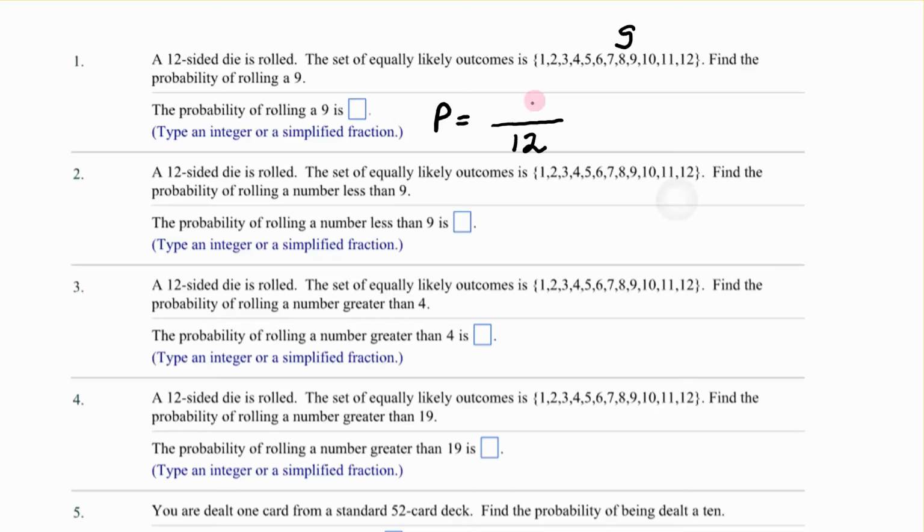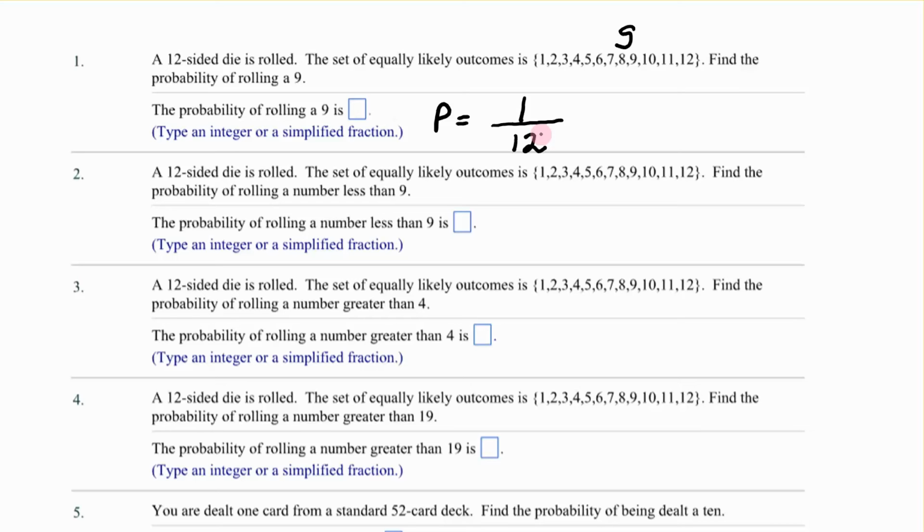Well, there's only one, rolling a 9. The probability in fractional form, because they say an integer if it happens to go in evenly, or a simplified fraction, is 1 out of 12. Theoretically, if you roll the die 12 times, you should get one 9. Now, you really might not, but that's what the theory says.